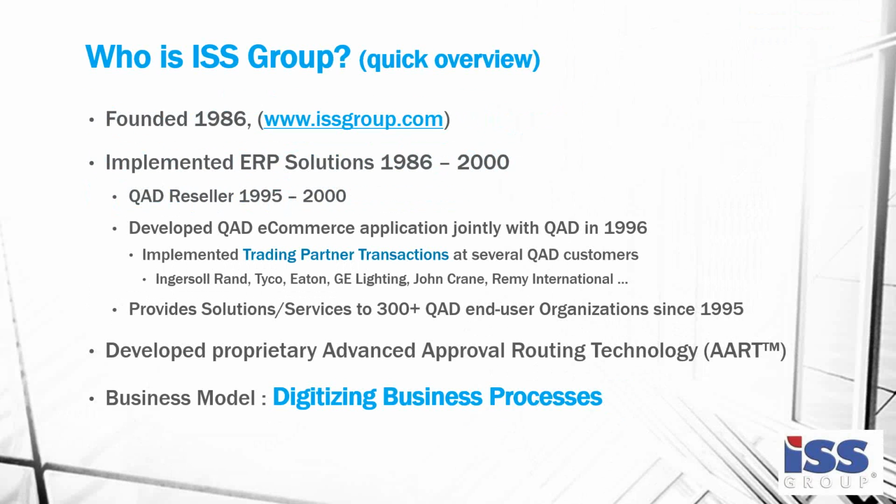In the last several years, part of our focus has been to develop the advanced approval routing technology, which is used to improve process cycle time, improve controllability, and to add value to organizations for functionality that is not provided in the existing ERP applications, regardless of what that is.